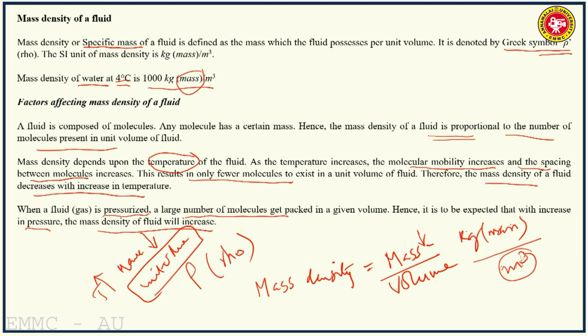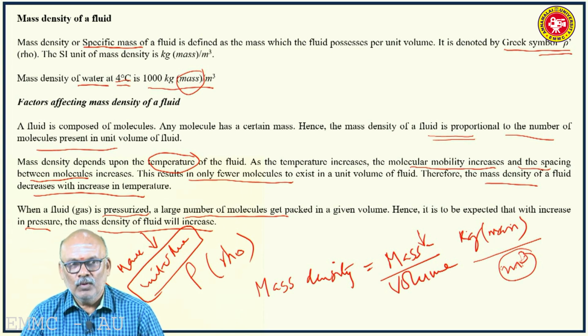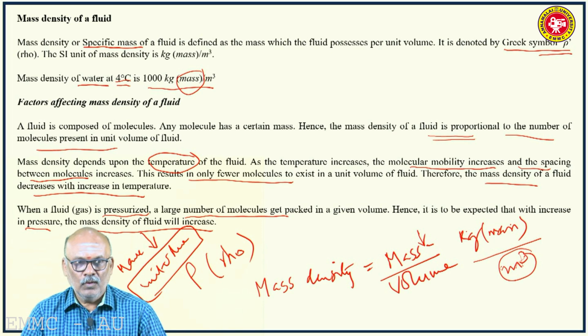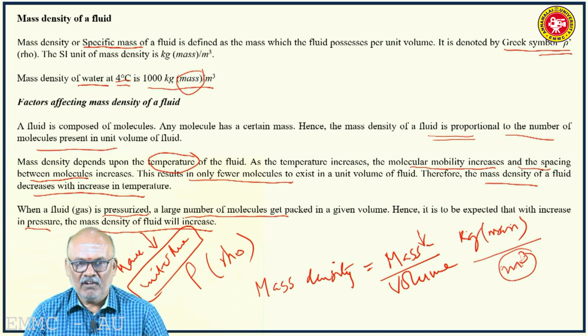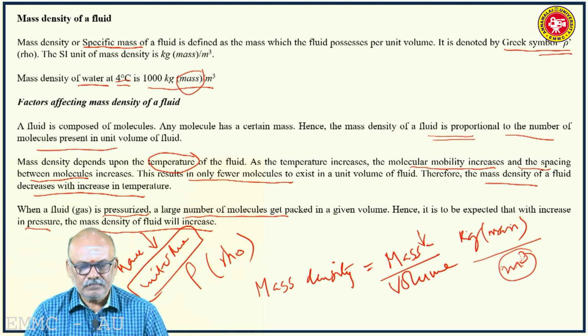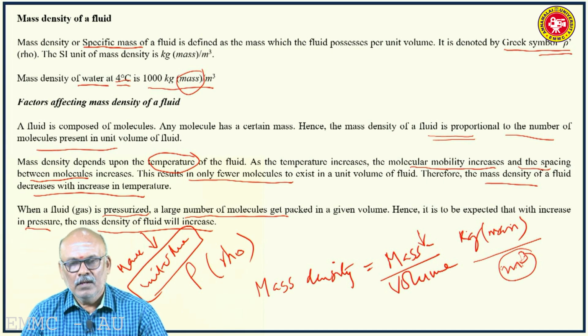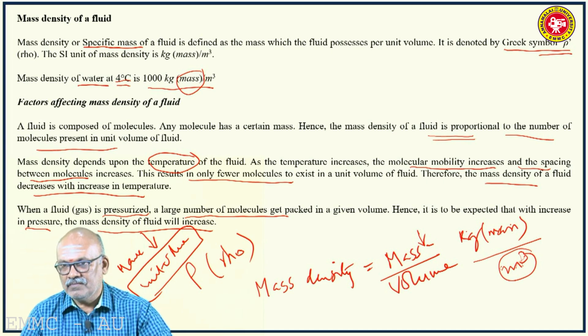So the intermolecular spacing decreases. குறையும் போது unit volumeல் இருக்கக்கூடிய molecules-உடைய அளவு அதிகரிக்குது. The number of molecules increases and therefore the mass density increases with increase in pressure.